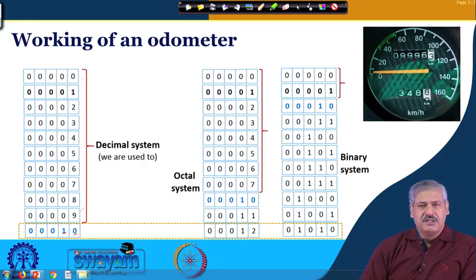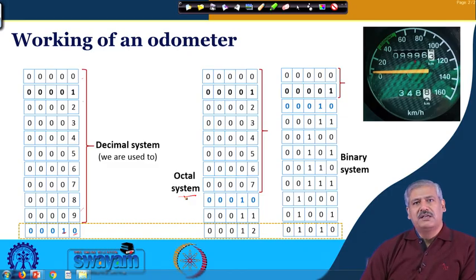So, this is how a decimal odometer works. Now, if instead of the 10-digit decimal system we had an octal system, that means only 8 digits are available, let us consider the representation of them to be 0 to 7.